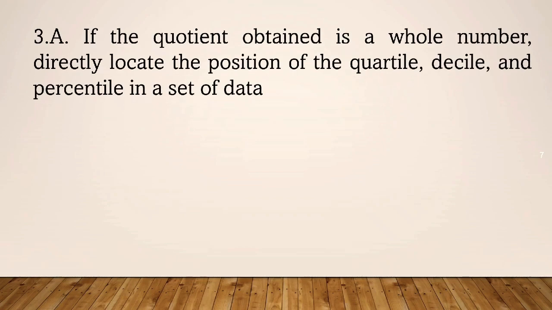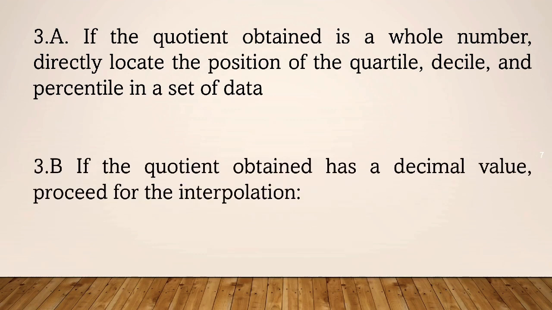There are some cases that we need to remember in identifying the position in the distribution. If the quotient that we obtain after we use the formula is a whole number, directly locate the position of the quartile, decile, and percentile in a set of data. But if the quotient obtained has a decimal value, we are going to proceed for interpolation.